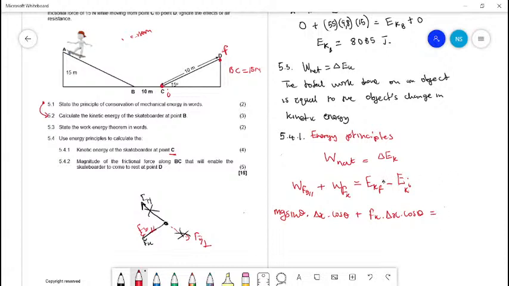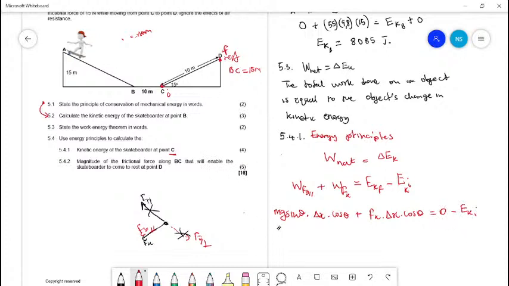Ek final will be 0 because remember the aim of this skater is to be at rest when he gets to point D. If he's at rest, his speed is 0, and the final one will be 0 here minus Ek initial.